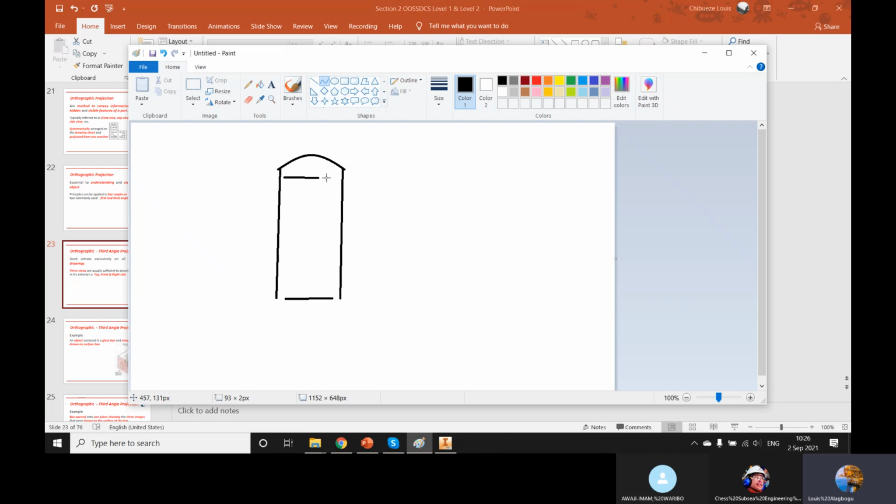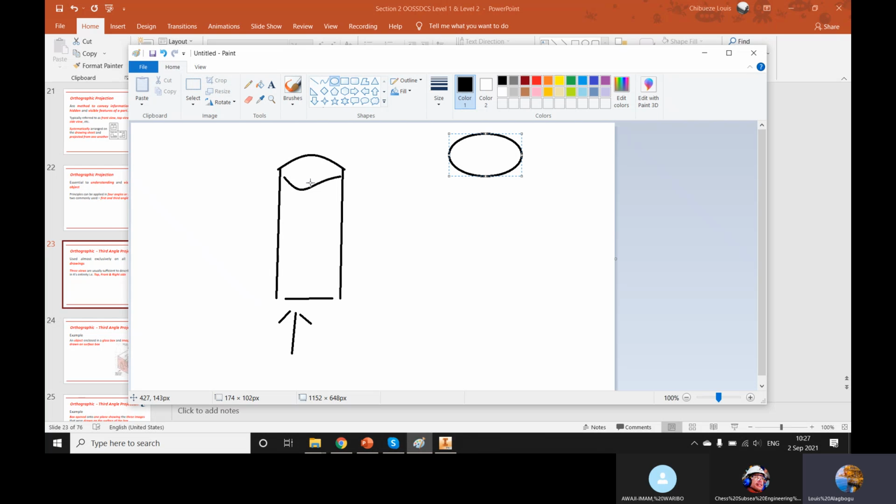If you're trying to convert this cylinder to an orthographic view, looking at it from here, assuming this is your front view, you'd see just this as the top view, which is this part of the cylinder.